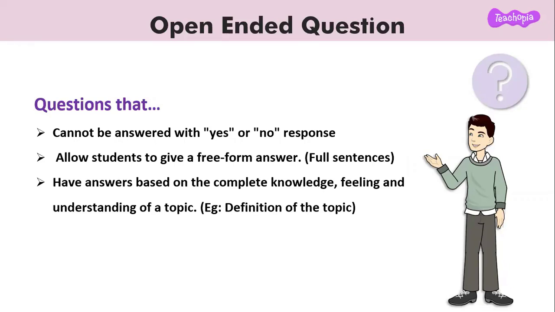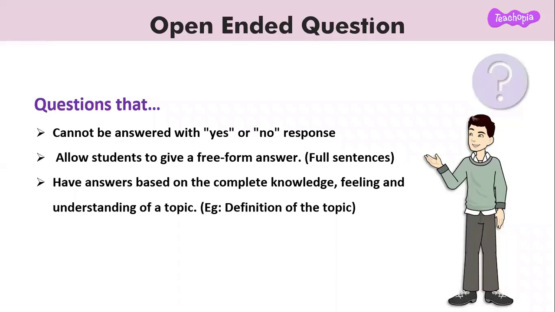And these questions are generally asked only when the person in front of us has complete knowledge or understanding about the topic. So, for example, if we ask someone the definition of a topic, we should be sure that the person we're talking to knows the topic, has a good amount of knowledge about the topic, and has a good understanding as well.